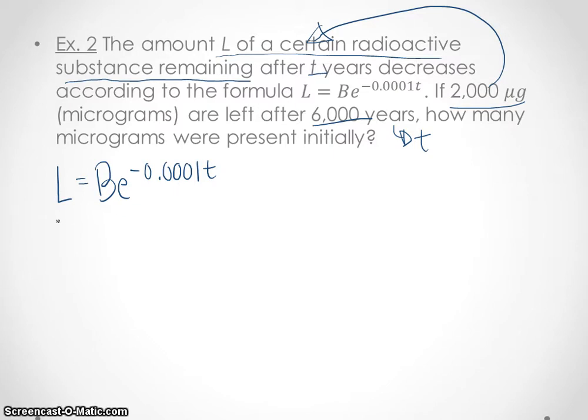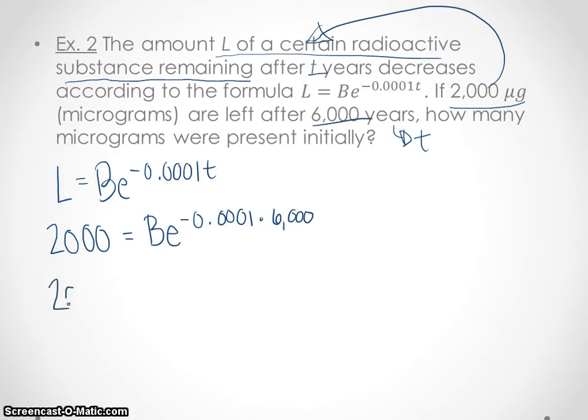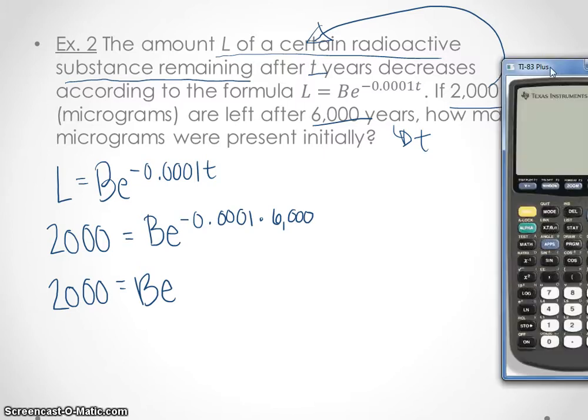Okay, so let's start plugging in here. So we have 2,000 in for L equals B times e to the negative 0.0001 times T, which is 6,000. Okay, let's start simplifying. We can clean up this exponent here. So 2,000 equals B times e to the, well, I've got to figure out what that is.